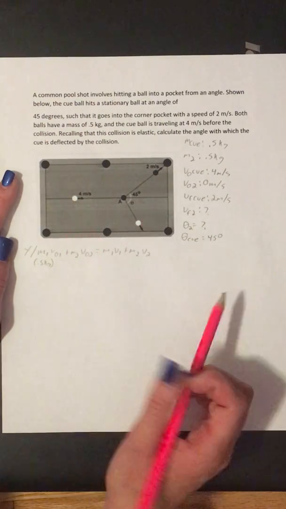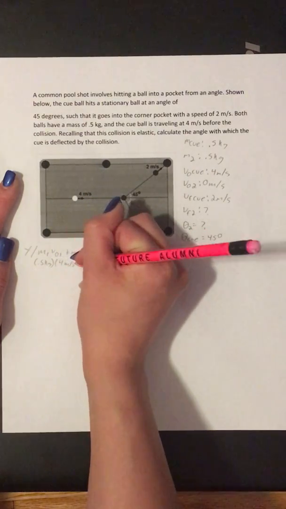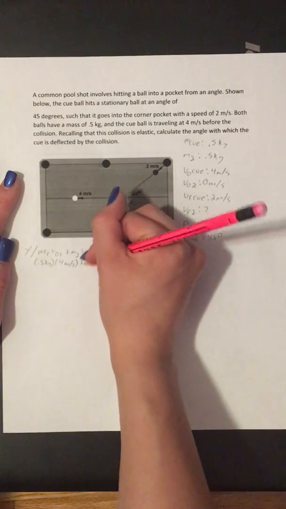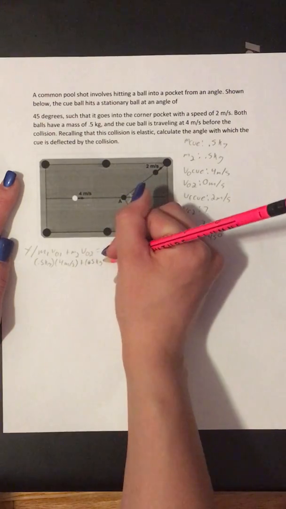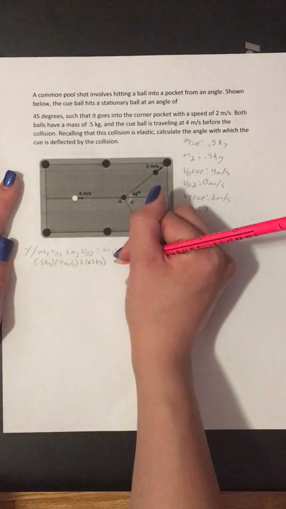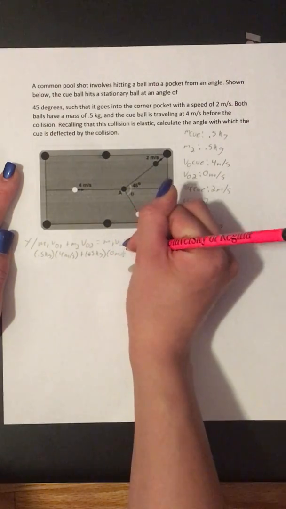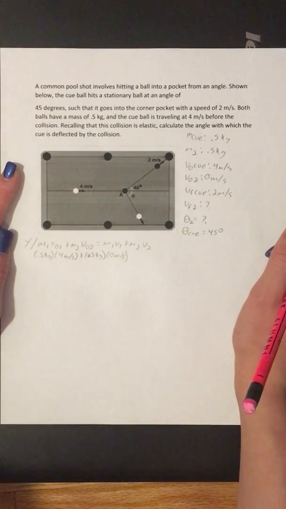So we use 4 meters per second, plus 0.5 kilograms, and this one was 0 since the ball was not moving before the collision.